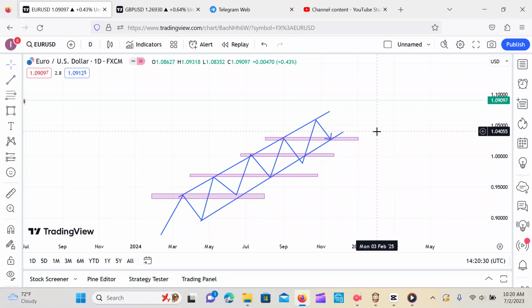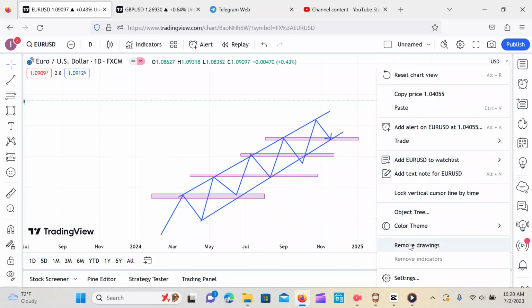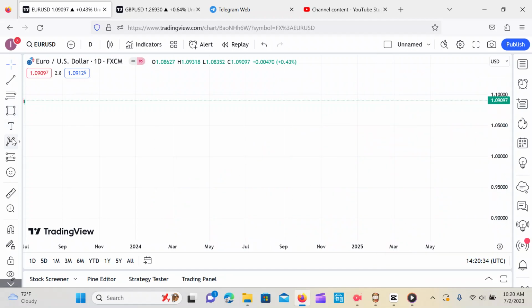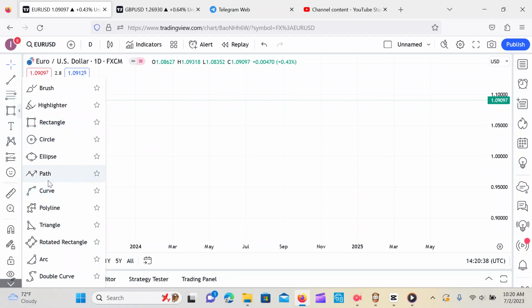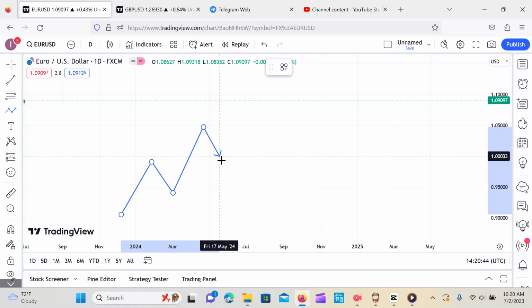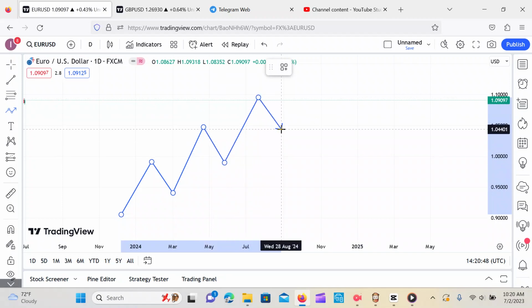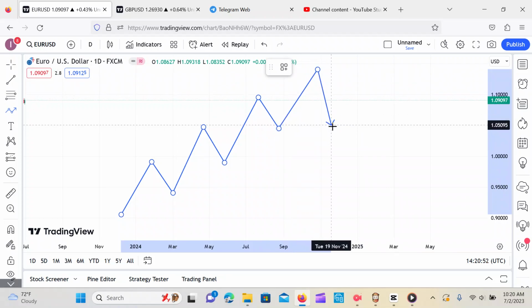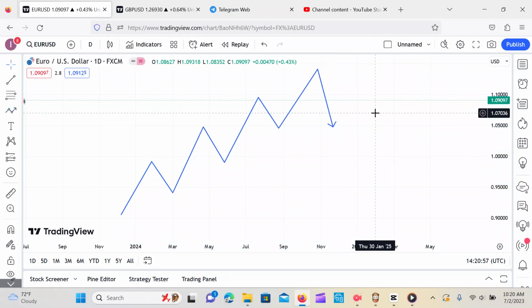Okay, let me give you another example. Let's assume we have price giving us highs, low, highs, low, highs, low, highs, and maybe somewhere around here.